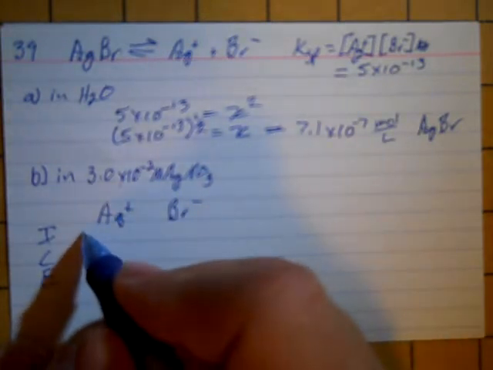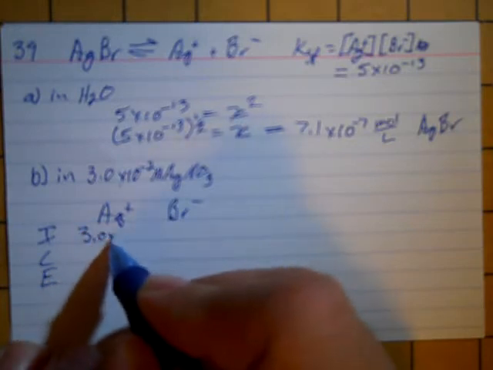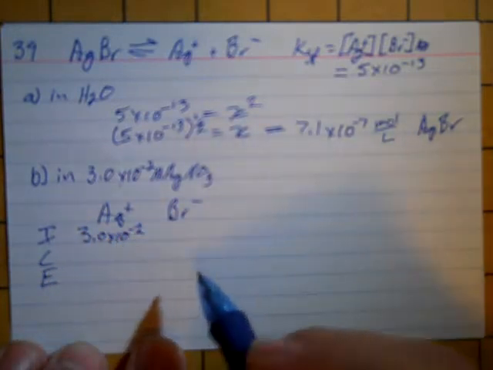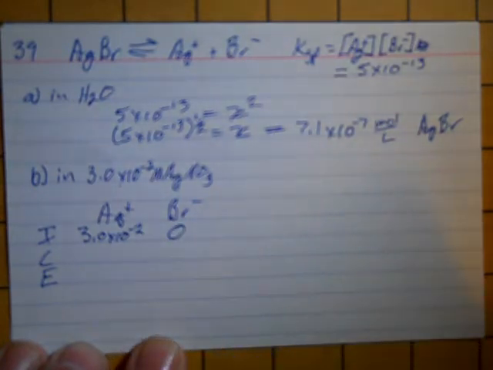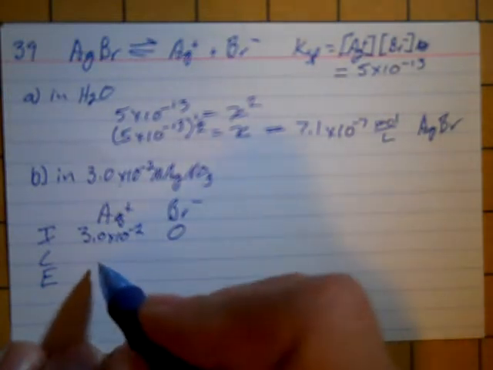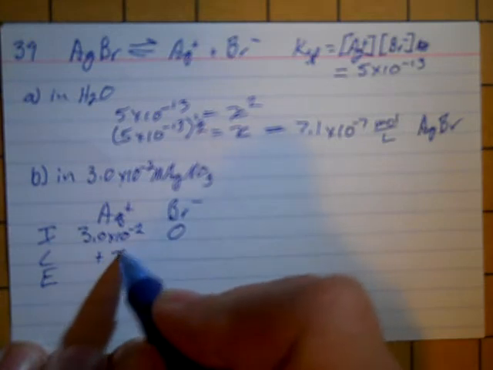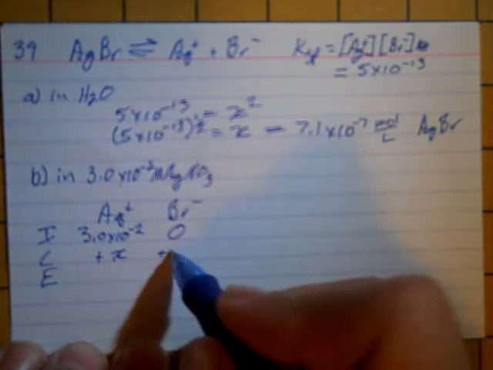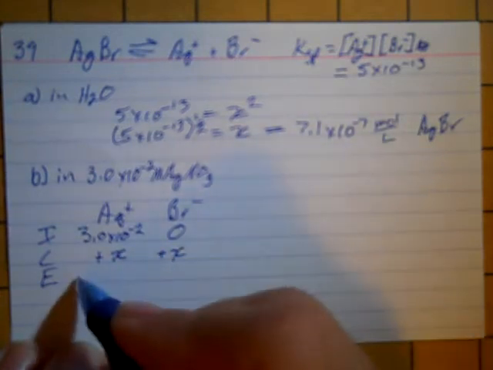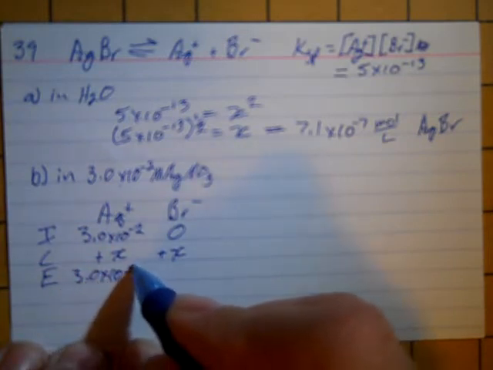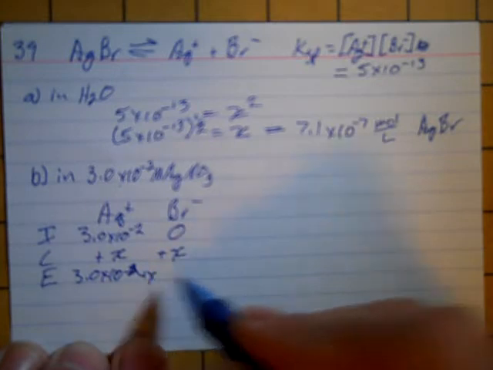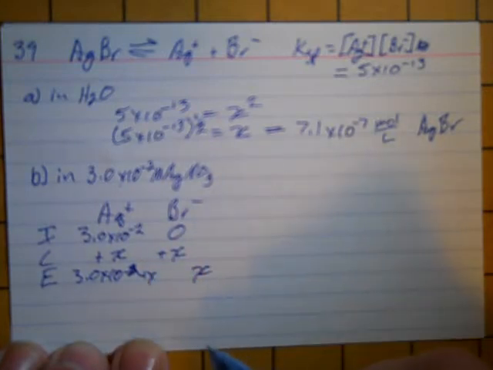So initially, I will have 3.0 times 10 to the minus 2 of silver, and I will have 0 bromide because I have not dropped the salt in yet. When I drop the silver bromide salt in, they will both increase by some amount which we call x. So at equilibrium, I would have 3.0 times 10 to the minus 2 plus x, and x.